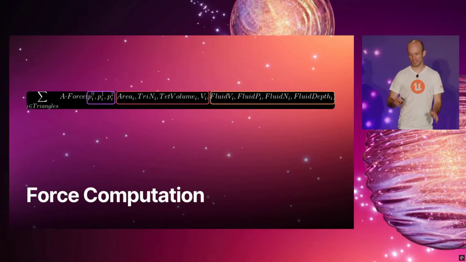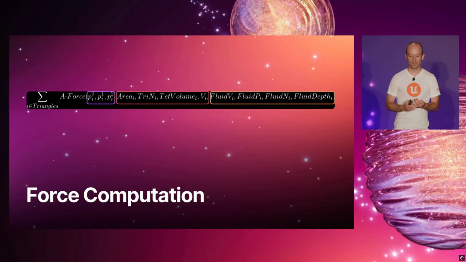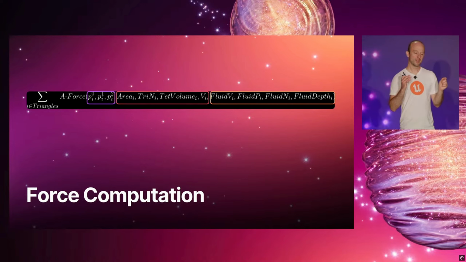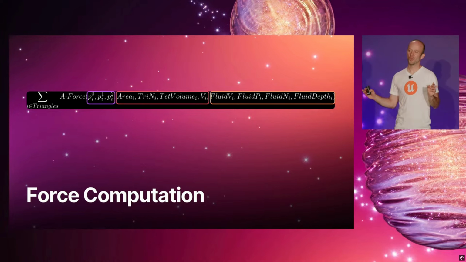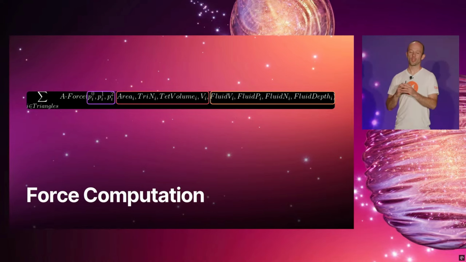So here's just a little bit of math. Doesn't really matter too much if you look at it too closely. But the force computation for saying, how do we use the fluid flow to impact a rigid body has a lot of parameters to it that you don't need to worry about as an artist or as a developer, but show the complexity of this model that we have. So it depends on the area of the object.